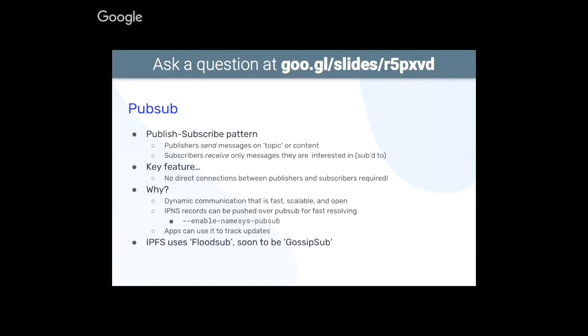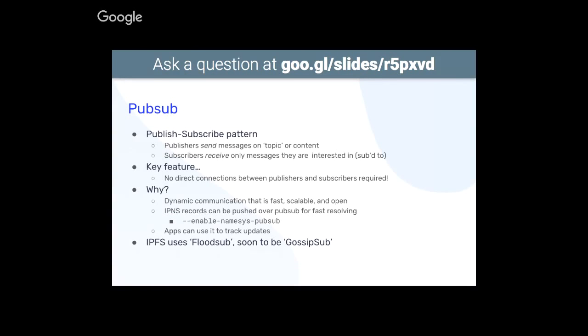And we'll talk about another flag that you can enable in a little bit here. The long and the short of this really is that pubsub allows for dynamic communication between peers that's fast, scalable, and wide open, which is really the goal of IPFS in the first place.